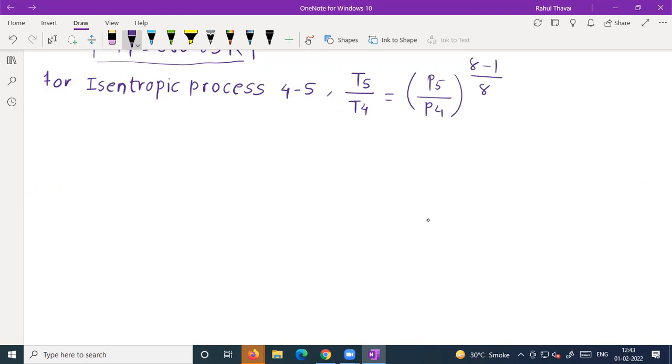So T5 should be equal to T4 multiplied by P5 by P4 raised to power gamma minus 1 by gamma, right?